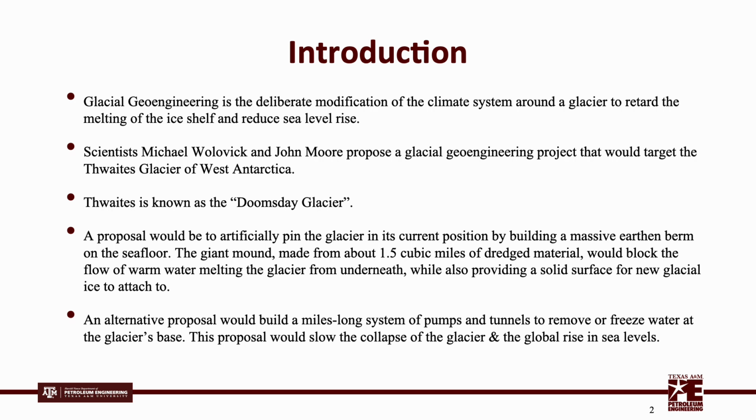A proposal towards glacial geoengineering would be to artificially pin the glacier in its current position by building a massive earthen berm on the sea floor. The giant mound, made from about 1.5 cubic miles of dredged material, would block the flow of warm water melting the ice from underneath.